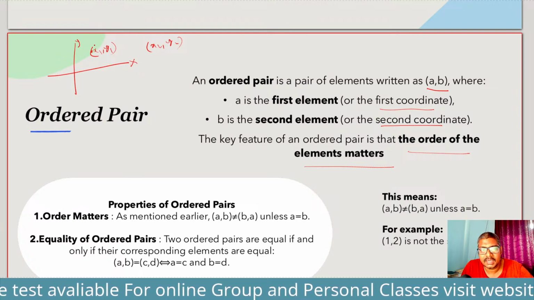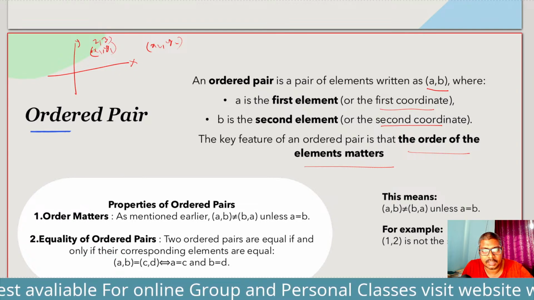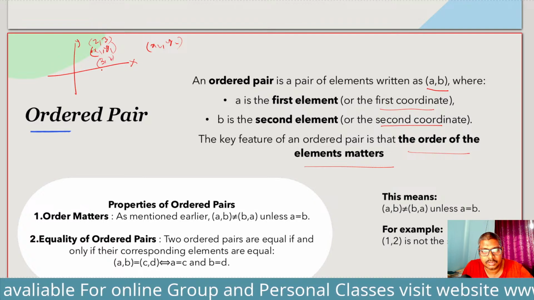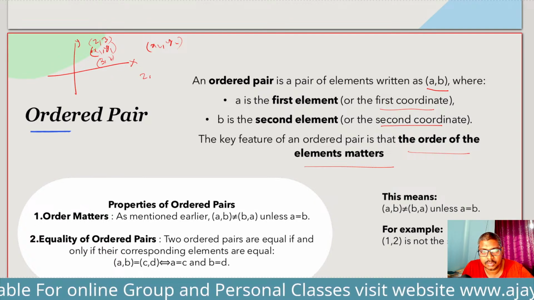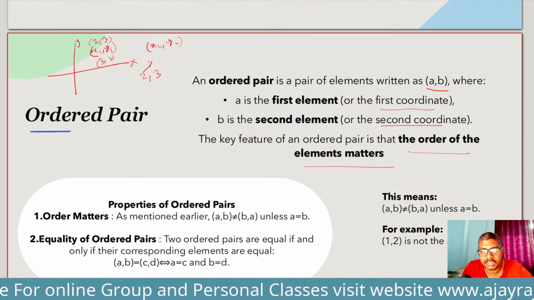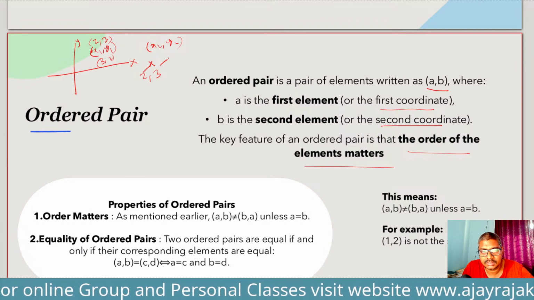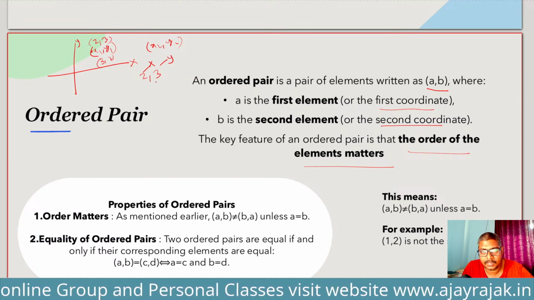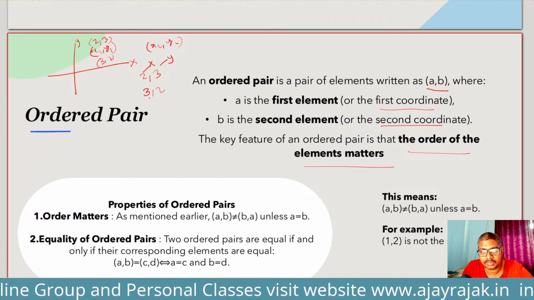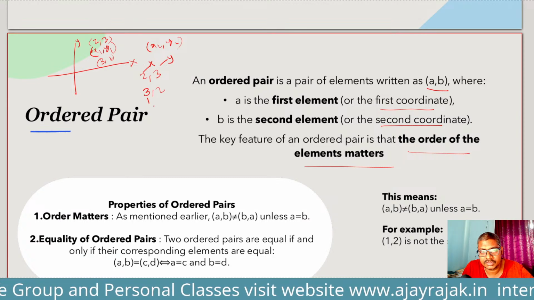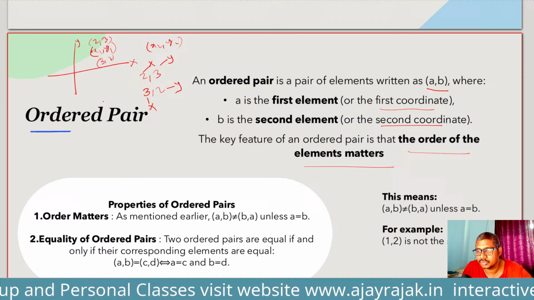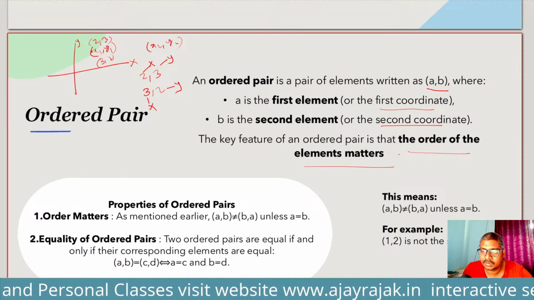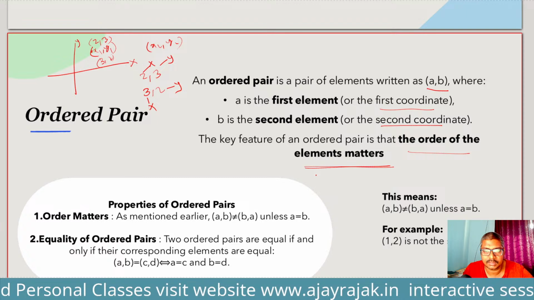You could take an example like (2, 3) and (3, 2). (2, 3) is a different point from (3, 2), because in (2, 3) the x value is 2 and the y value is 3. But in (3, 2), the x-axis value is 3 and the y-axis value is 2. So the feature of an ordered pair is that the order of the elements matters.